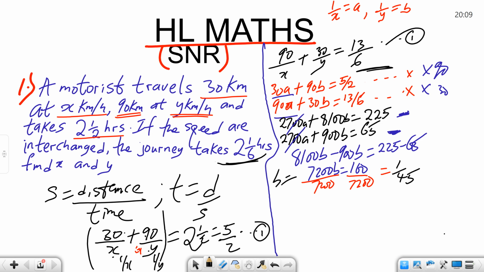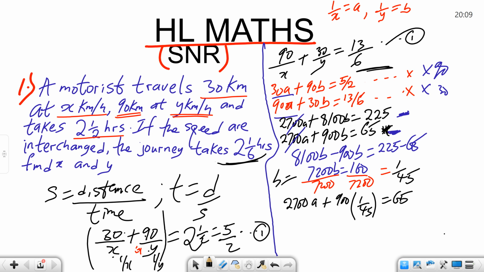So we can find a value for a using any of the equations. Let's use equation 2. So I'm having 2700a plus 900b, which is 900 times 1 over 45, equals 65.